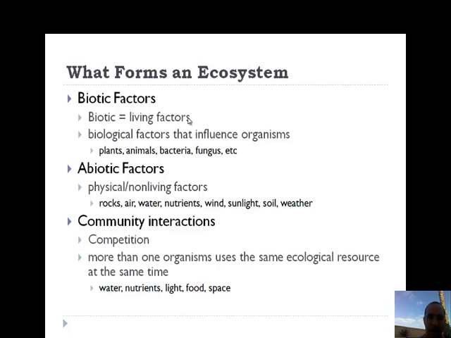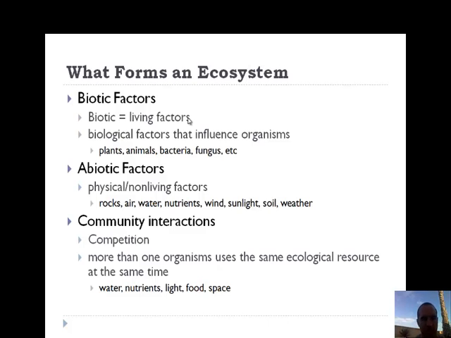And then you're going to have interactions among living things for those abiotic resources. It's going to create competition between organisms, different species, and organisms of the same species.